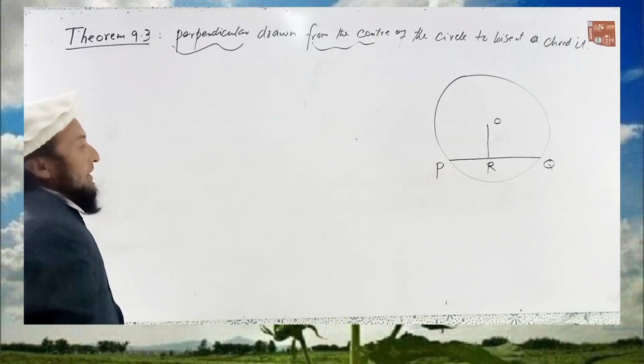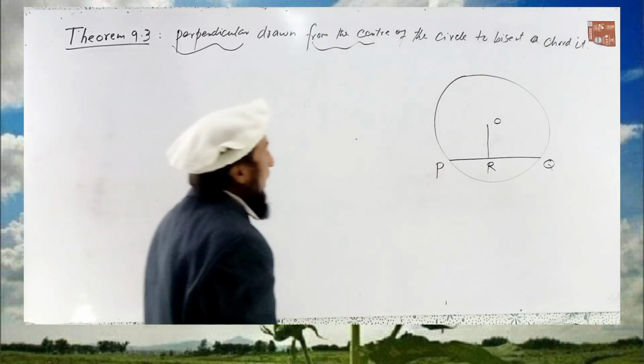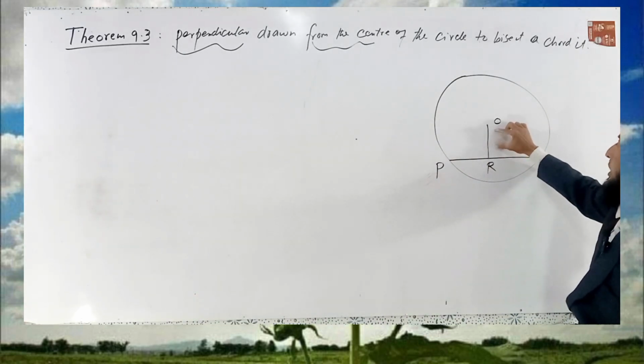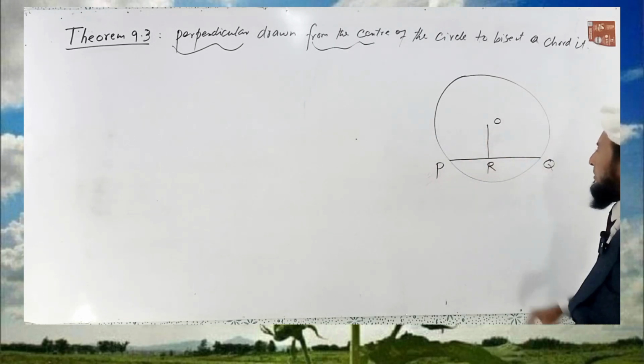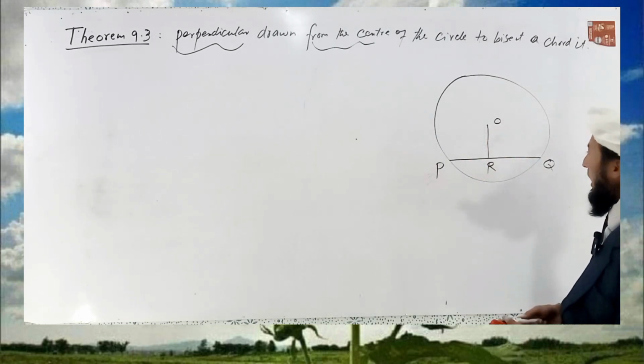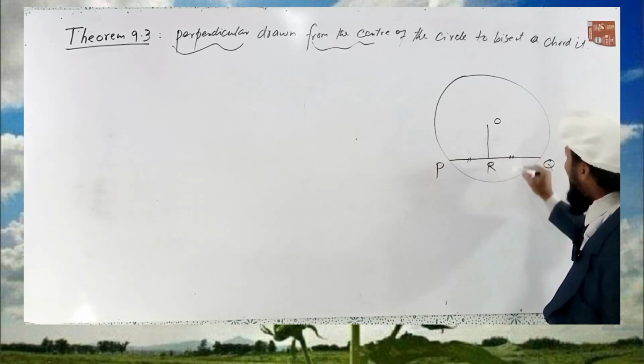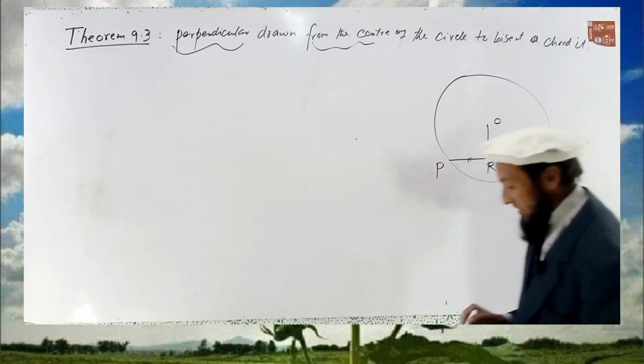So in this statement, it means that OR is perpendicular to the chord, and we are required to prove whether the corresponding sides are equal or not.